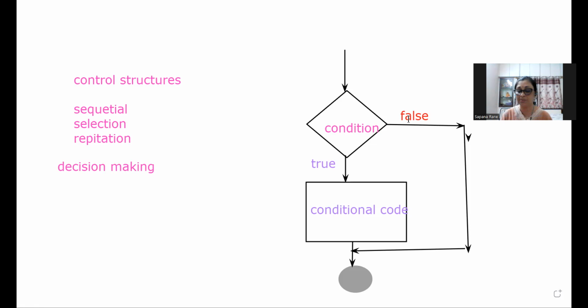If it evaluates to false, the first set of code after the end of the if statement is executed. So this is what happens in if statements.